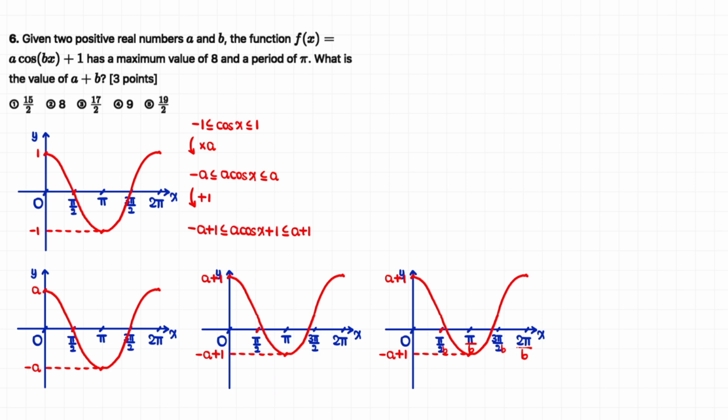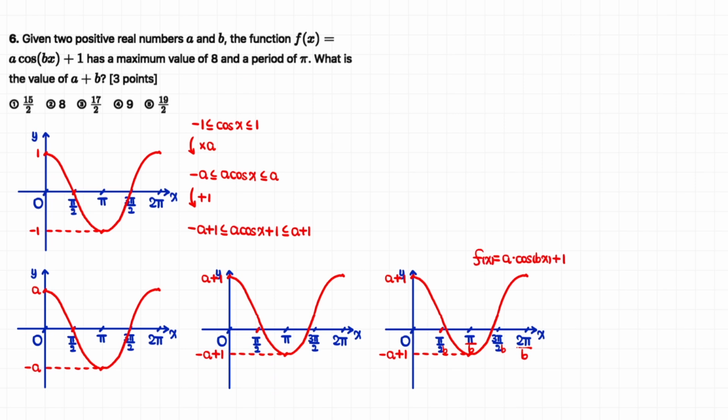Something like this. That's it. Finally, we've got our final function: y equals a times cosine of b times x plus 1.